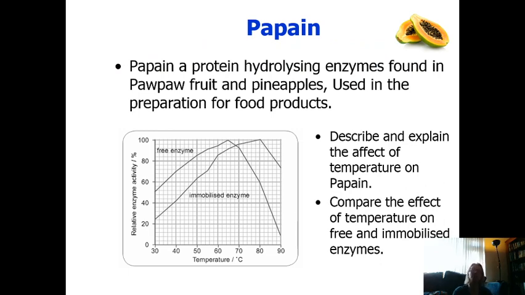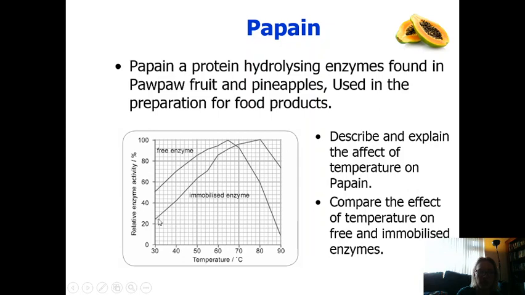So you've got a couple of questions in your booklet that you can have a look at. One of them is to do with papain. It's a protein hydrolysing enzyme found in pawpaw fruit and pineapples. And if you look at the graph here, you can see how the free enzyme and the immobilized enzyme behave at different temperatures. With the free enzyme, you can see that you've got your optimum at around 65 degrees.